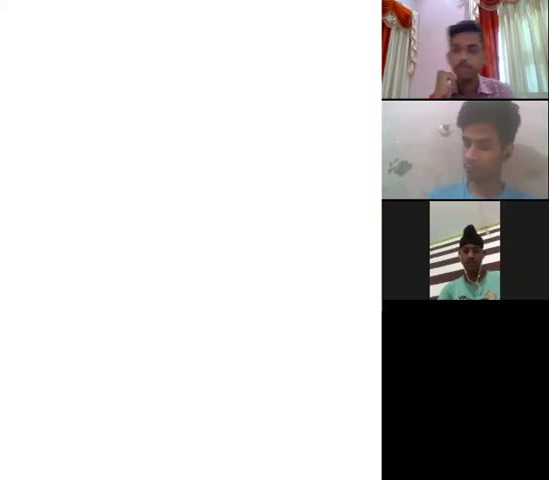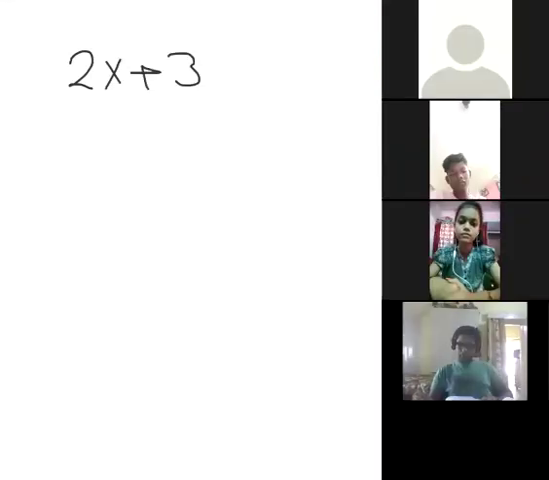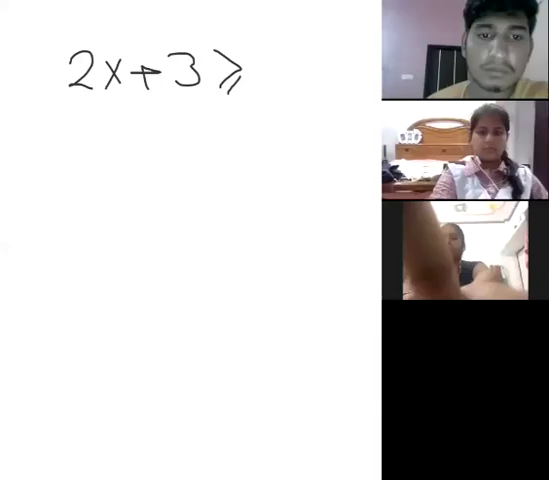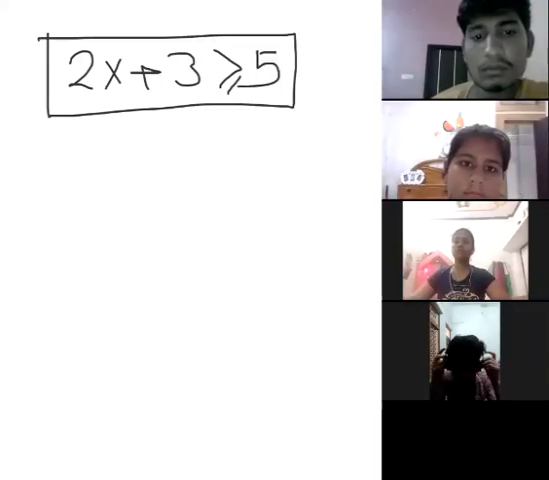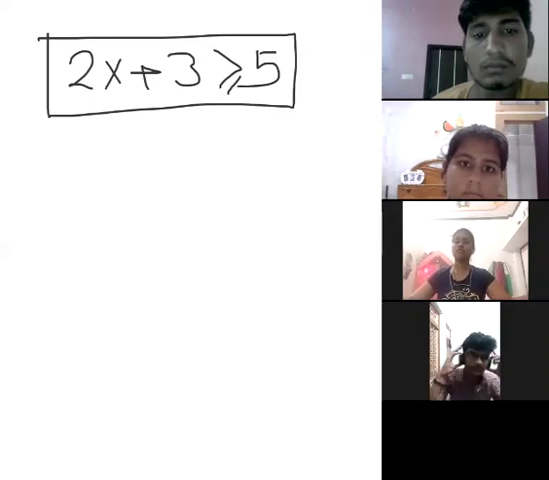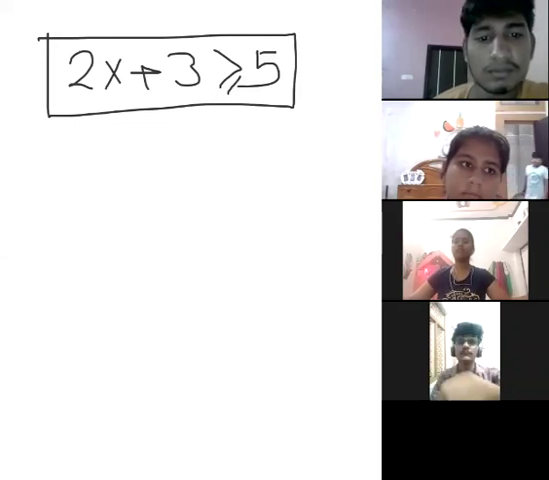So Ojasvi, concentrate over here. See, a linear inequality in one variable I'm showing you. It is 2x plus 3 is greater than or equal to 5. In this only one variable is there, so I could say it is a linear inequality in one variable.